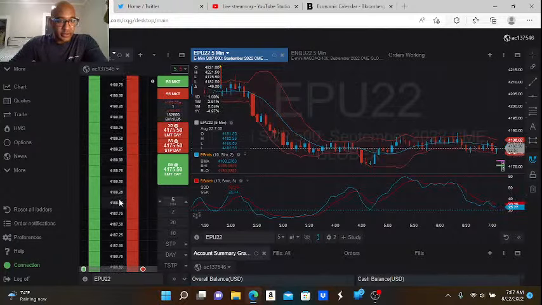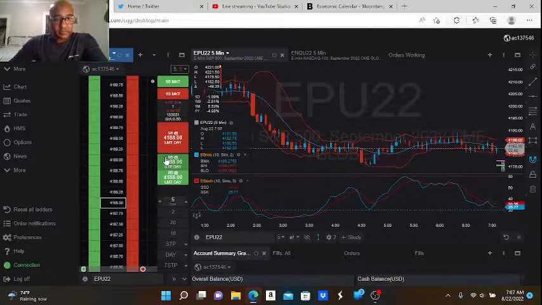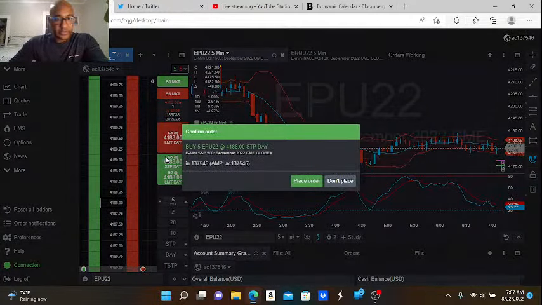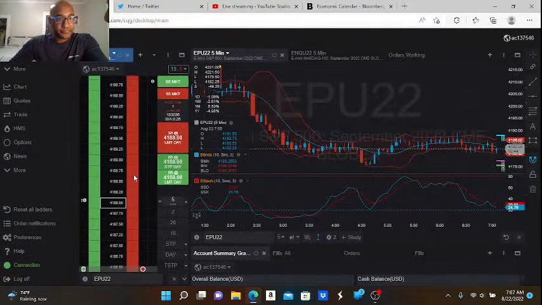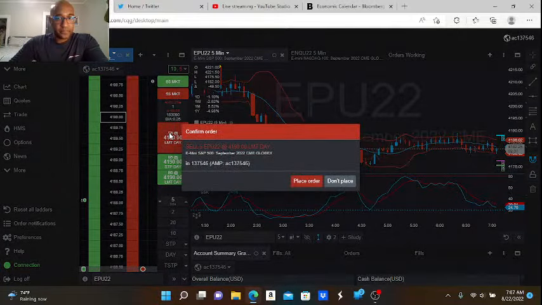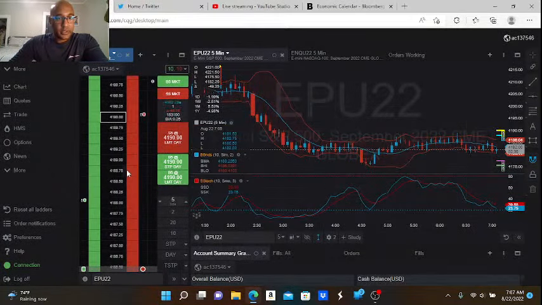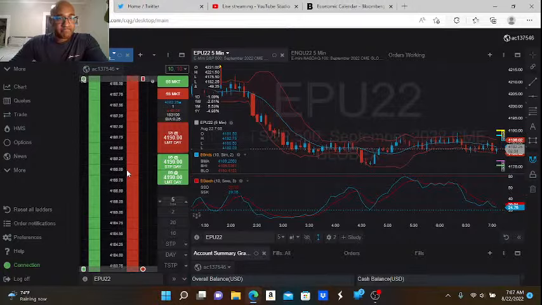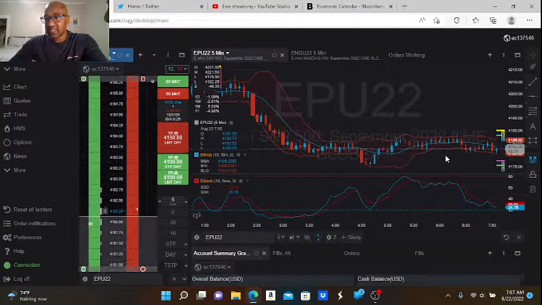So we're going to place an entry at 4188.00 because we have a 2 point profit target. So we're going to buy here, and then we're going to go to 4190 flat. We're going to set our limit order there, okay? And that's it. This is the general concept, the general premise.